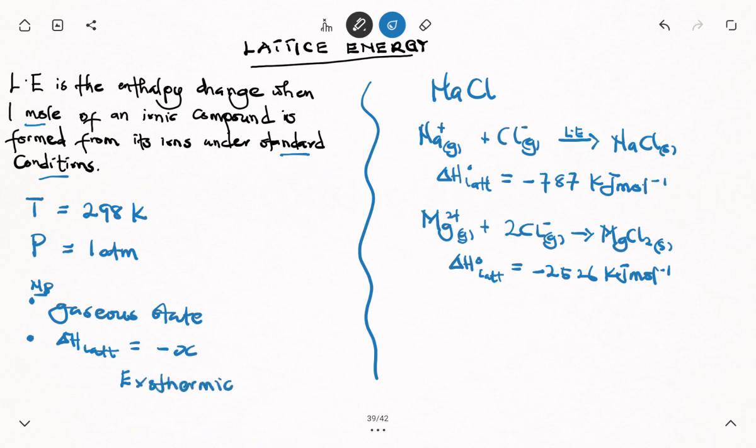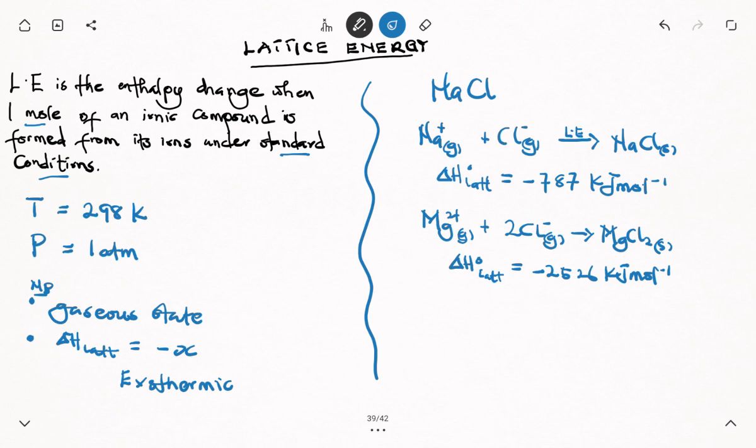It is an exothermic process because the ions are in the gaseous states, and we are combining them to form the ionic compound. So the energy that is keeping them in the gaseous state is being given off. That is why it is an exothermic process.